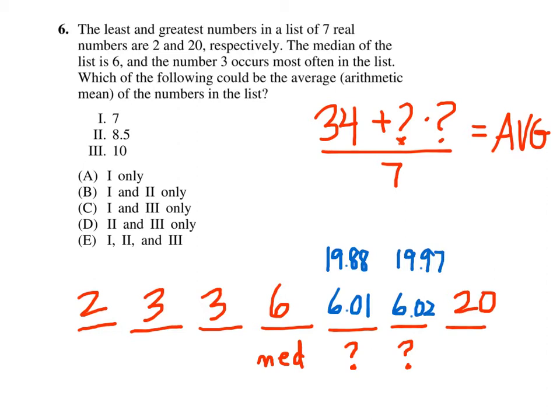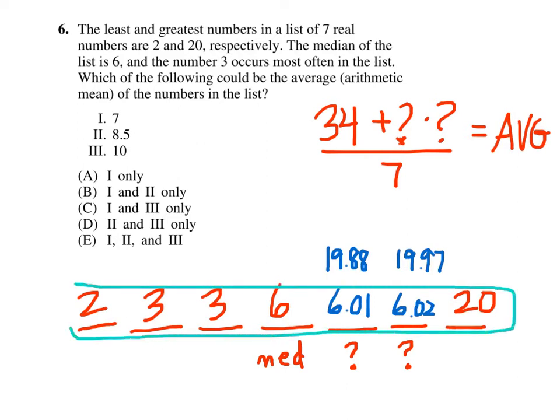So what I'm going to do now is I'm going to punch these 7 numbers into my calculator and see what their average is. And then I'm going to punch these 7 numbers into my calculator and see what their average is. And then I know that the average could be anything between those.